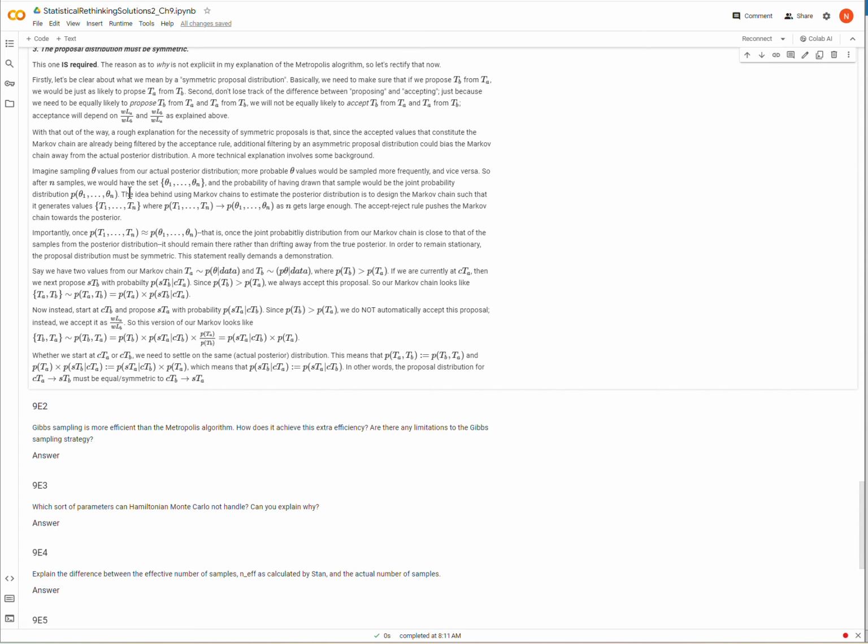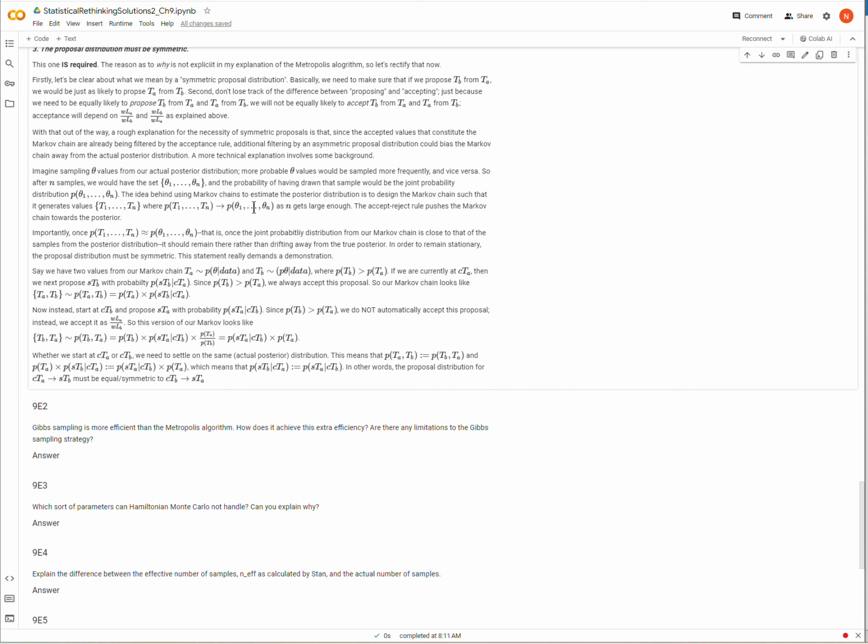The idea behind using a Markov chain to approximate our posterior distribution is really to say that we want our Markov chain to propose values of t, where t is like our estimated theta, where the probability of those t's is equal to the probability of the sequence of theta values that were sampled from the actual posterior distribution.